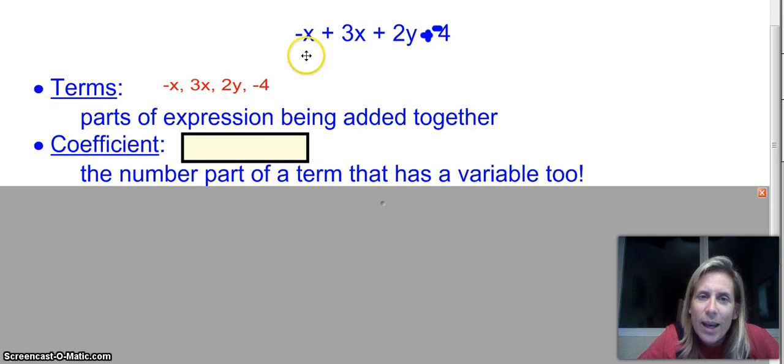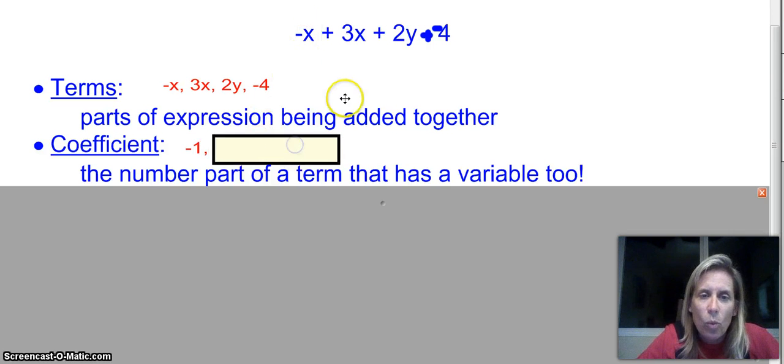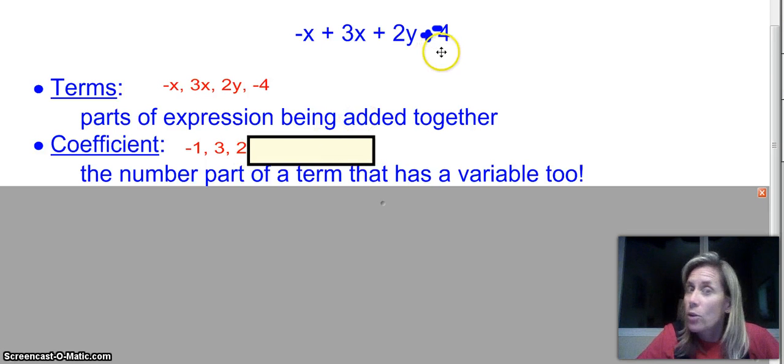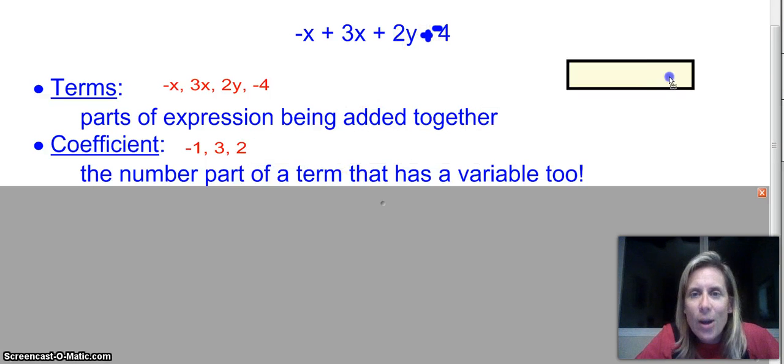And hopefully you said -1. That's right, -1. So the invisible coefficient 1 is in front of that x. For the term 3x, the coefficient is 3. Good. For the term 2y, the coefficient is 2. And for the term -4, there is no coefficient.